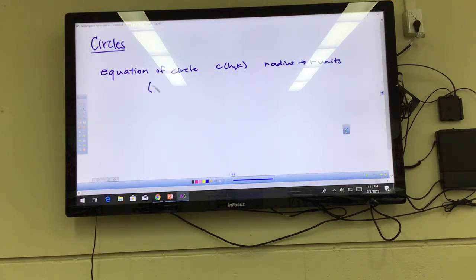And we have this equation, (x minus h) squared plus (y minus k) squared is equal to the radius squared. So this is different than a hyperbola and an ellipse. Hyperbola and ellipse have to be equal to 1. Well, now we're letting it equal the radius squared.